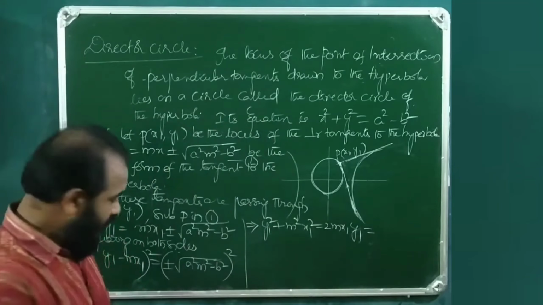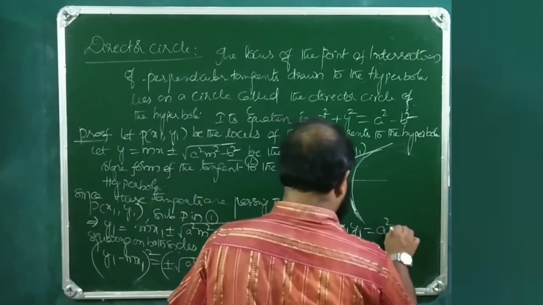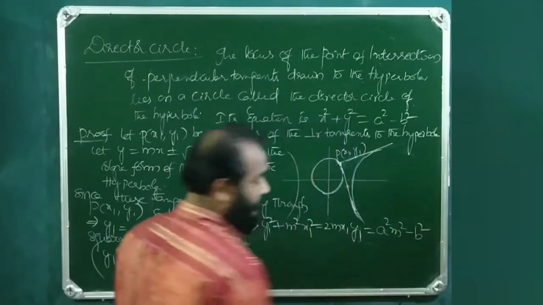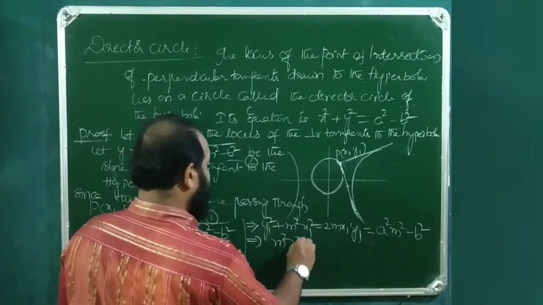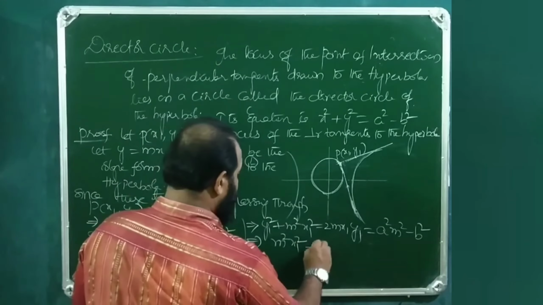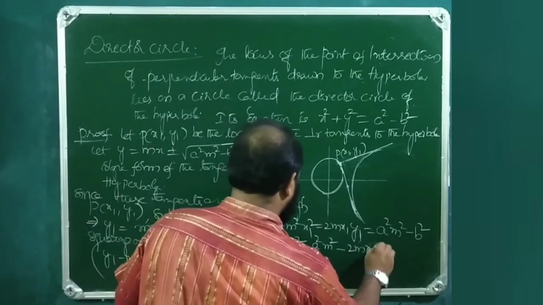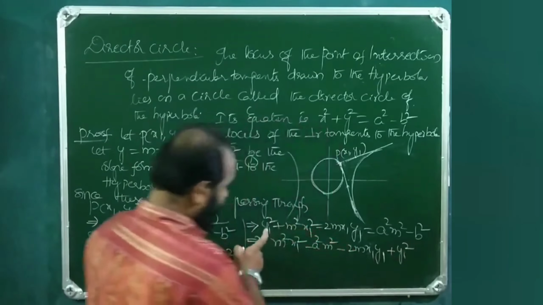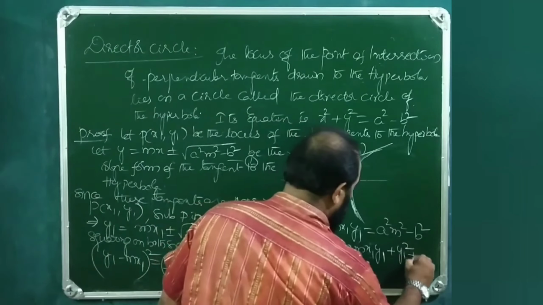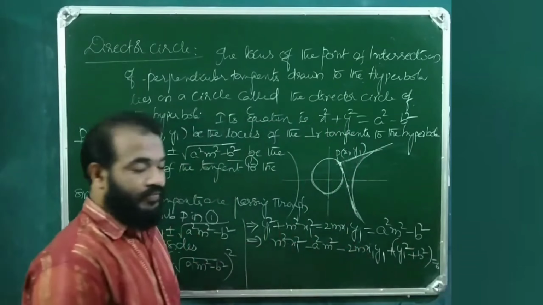So plus only, and the square and root get eliminated: a square m square minus b square. So from this, m square x1 square minus a square m square minus 2m x1 y1 plus y1 square, this minus b square, if you transpose to this side, plus b square equals 0.